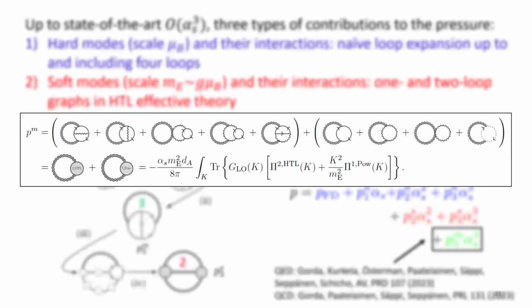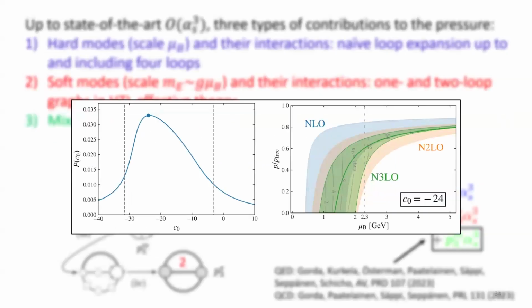It necessitated the explicit evaluation of a bunch of these mixed type Feynman diagrams, and that is exactly the computation that led to this result that basically shows that if this one unknown coefficient that comes from the purely hard sector has more or less the right value, then the accuracy of the final result for the pressure will dramatically improve.